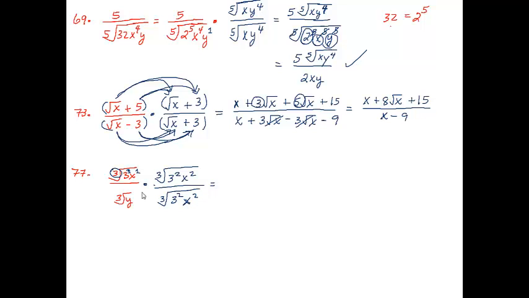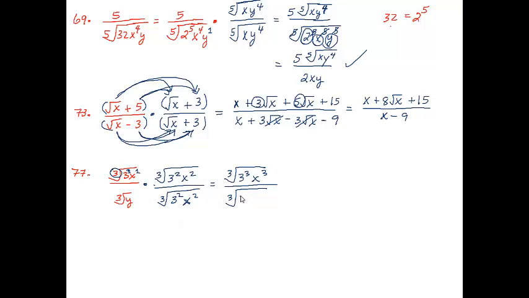And let's multiply. Well, it's the cube root times the cube root, so you keep the cube root. 3 times 3 squared is just 3 to the third power, since I have three 3's now. X times x squared, again, is just x to the third power. And then the denominator, again, I have the cube root times the cube root, so I keep the cube root.